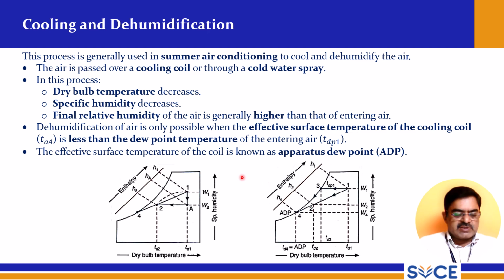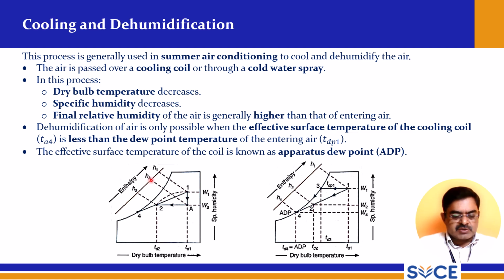Here you can see the point A. This is TA1 and TA2, and this is point 1 and point 2. When you extend that line, it meets the saturation line at point 4. When we draw a vertical line and a horizontal line, this point is A, so that is the HA. That is the apparatus dew point.